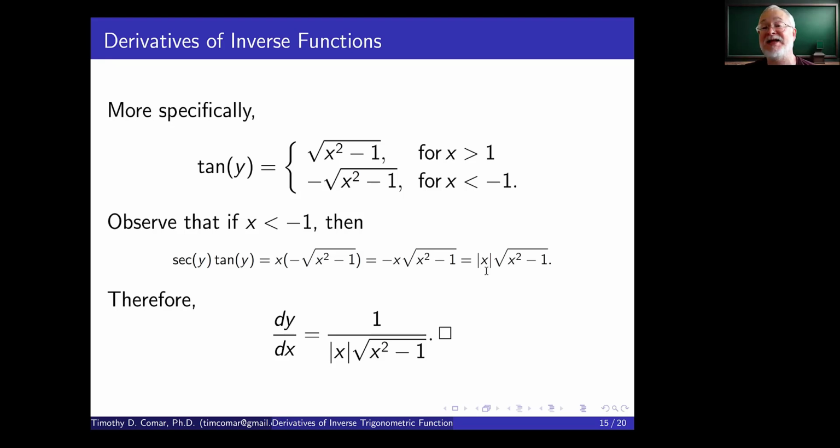And again, the same formula is going to hold if x is greater than 1 and positive, because x will be its absolute value, and the tangent will be the positive square root in that particular case. So rewriting our derivative in terms of x now, we have that our derivative is 1 over the absolute value of x times the square root of x squared minus 1.